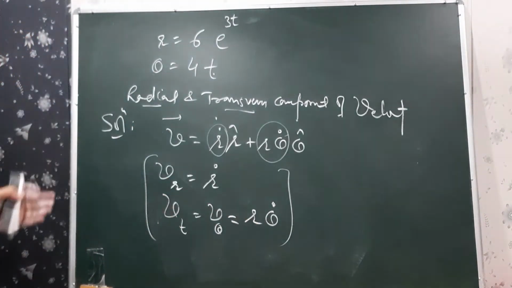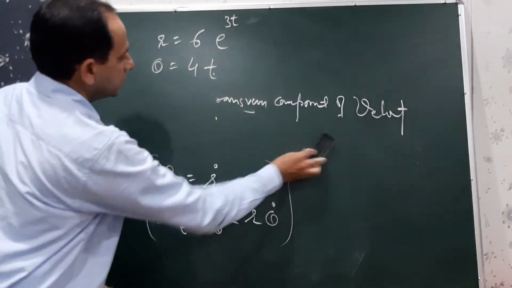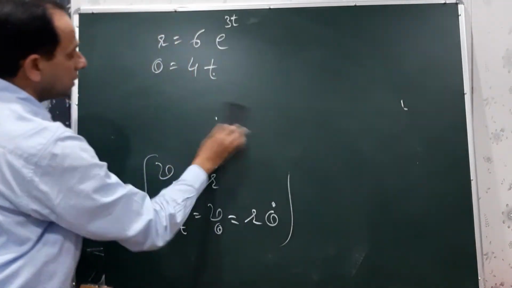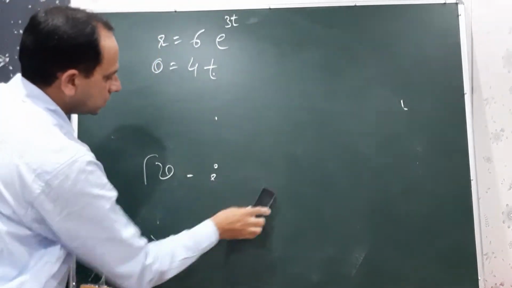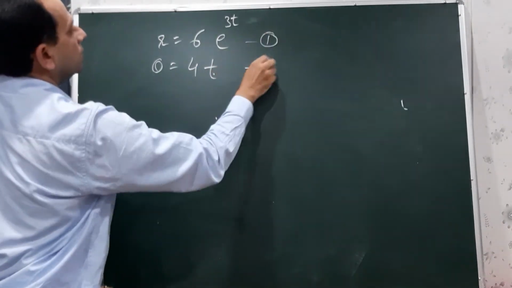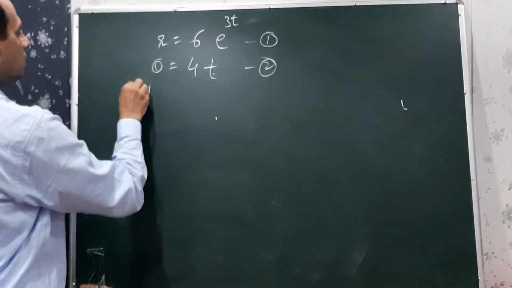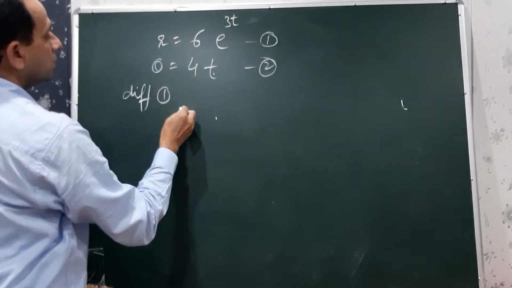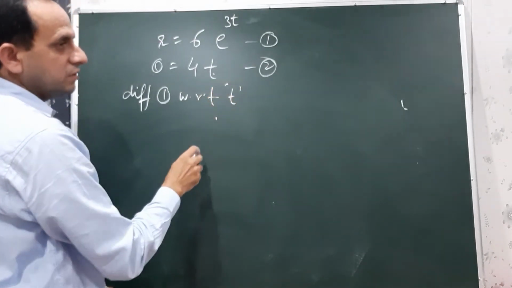So, we can find both components, radial as well as transverse. For solving these components, first of all we have to take the derivative. So, differentiating equation number 1, this r, with respect to t on both sides.